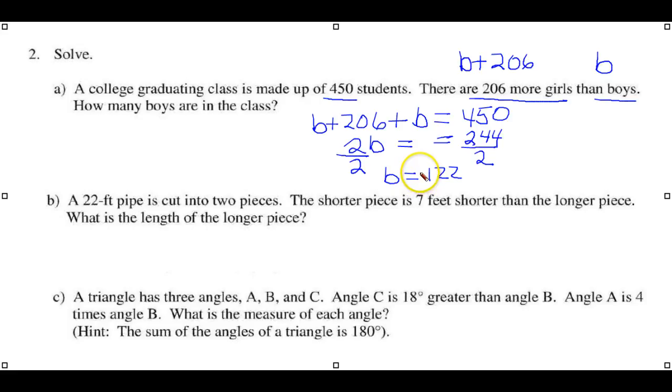Now if 122 is our number of boys, that's what they're asking. If you wanted to figure out girls, you'd have to add 206 to that, but they only are asking here for the boys.